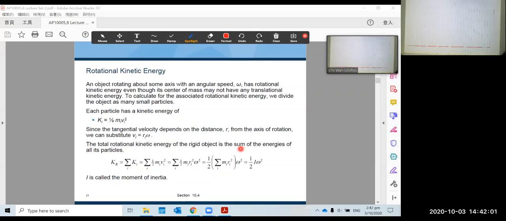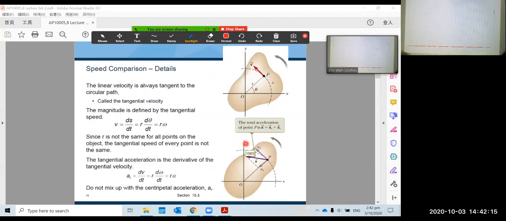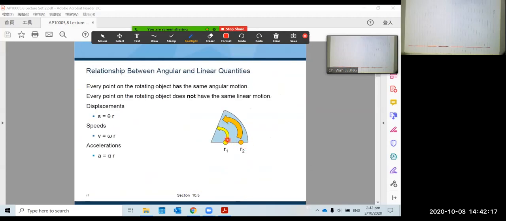So each of the particles would have a kinetic energy. And the kinetic energy can be considered in the linear motion way because of the rotation about a fixed axis. Every particle, when it is moving in the rotational motion, there is a corresponding linear velocity and linear acceleration.